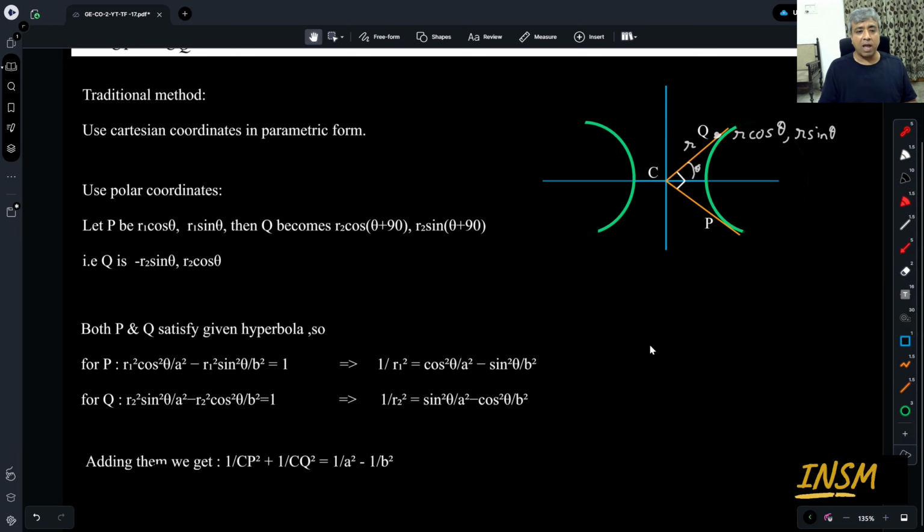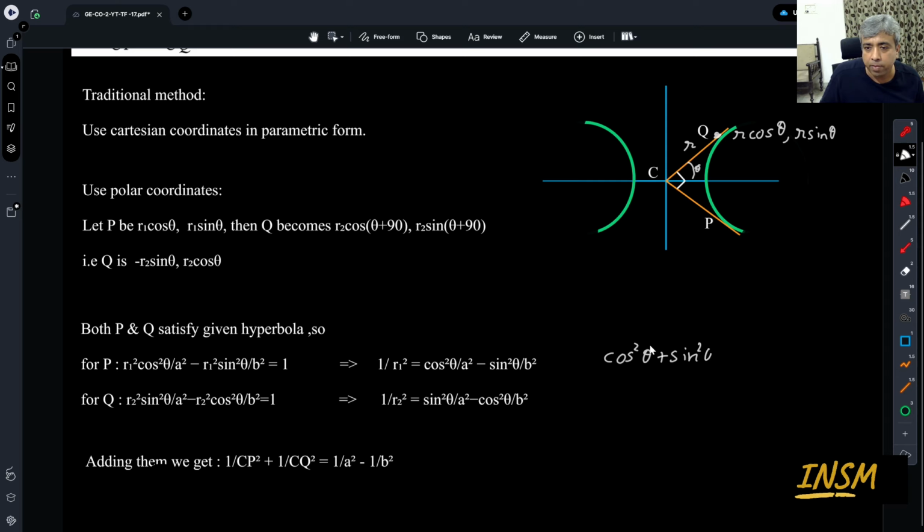So adding them, we get 1 by CP square plus 1 by CQ square. If you add them, you have common denominator a square. So you will get cos square theta plus sin square theta upon a square.